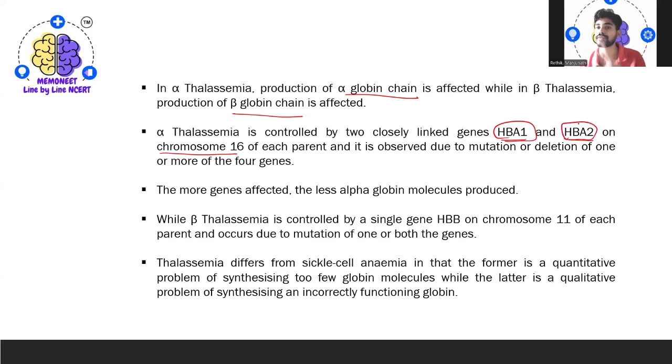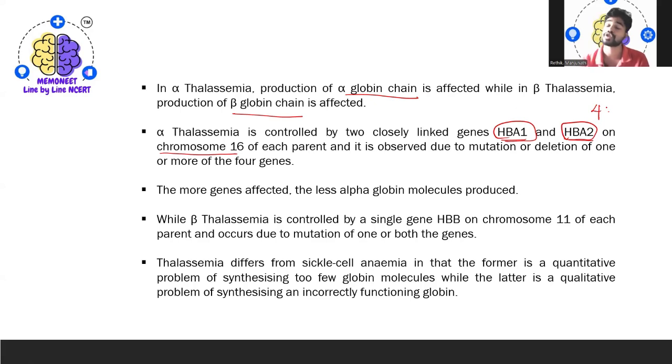Now I'm talking about two parents, so totally four genes. If any one of these four genes is deleted or mutated, or more of these genes are deleted or mutated, alpha thalassemia might occur. So the more genes affected, the fewer alpha globin molecules will be produced.